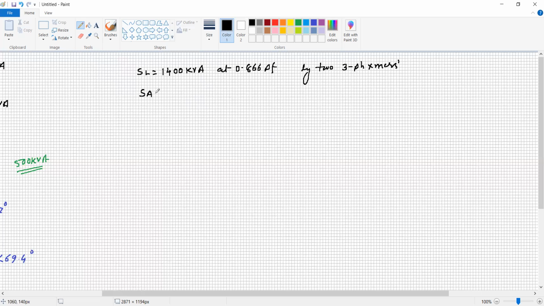Say SA is the capacity of one transformer. Transformer A is equal to 1000 kVA and transformer B is equal to 500 kVA.